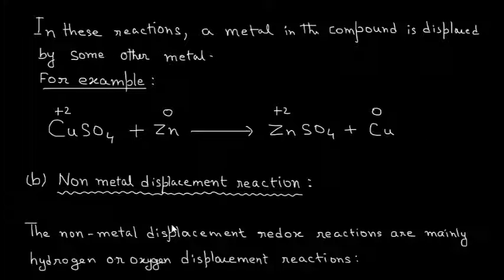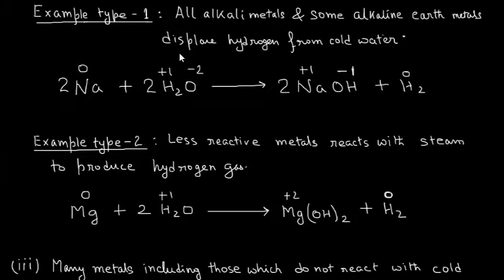Now non-metal displacement reaction. The non-metal displacement redox reactions are mainly hydrogen or oxygen displacement reactions. So let us see in detail. Example type 1: all alkali metals and some alkaline earth metals displace hydrogen from cold water.